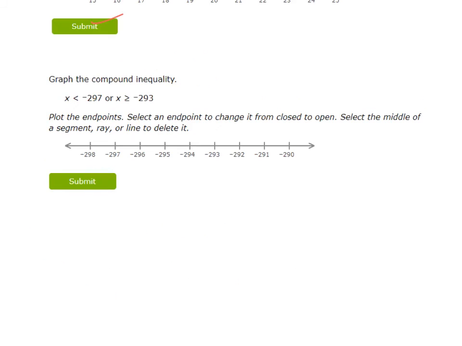And I've got one last OR case, just as a reminder of what the OR cases look like. Again, these are different, but you can just look at each individual inequality, and if you graph them on this number line, it would start to make sense, okay? This one says x is less than -297. So if nothing else, if you just looked at that, you'd make a graph like this on that number line, okay?